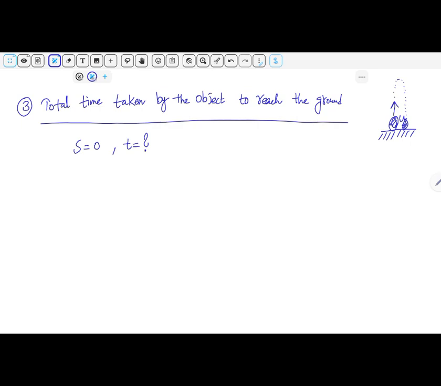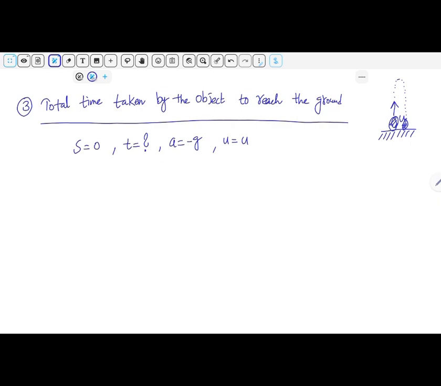And what is the acceleration due to gravity? It is minus g, as it is always vertically downwards. And the initial velocity is u. So we have information about s, a and u. What we want to find is t.